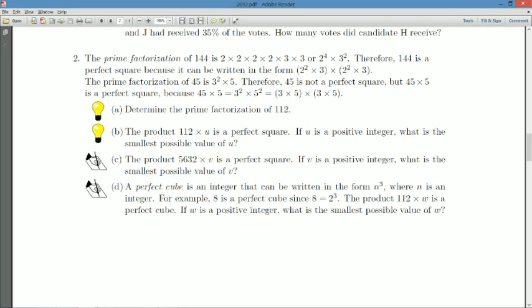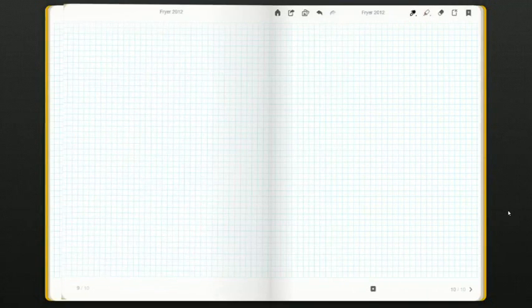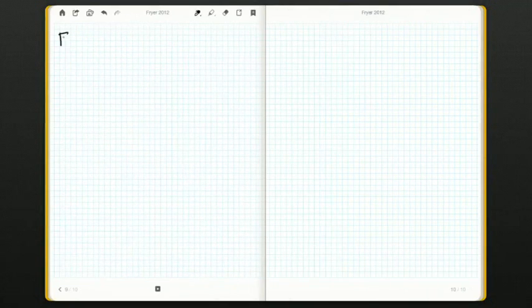So just like in B part, we're going to need to figure out the prime factorization of 5,632 and then figure out what we need to add to it to make all the exponents even. So let's first factor 5,632.